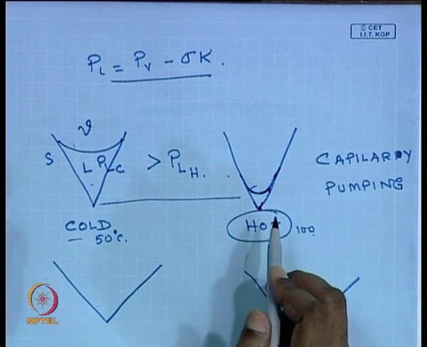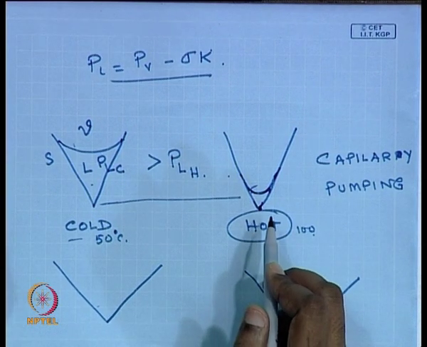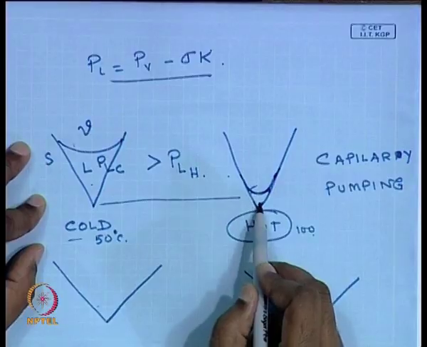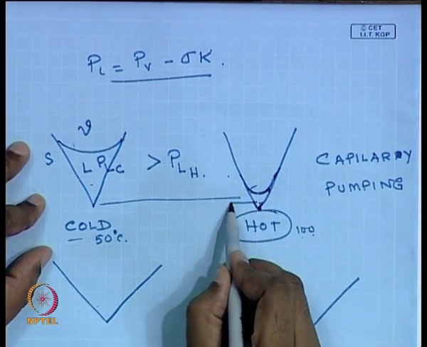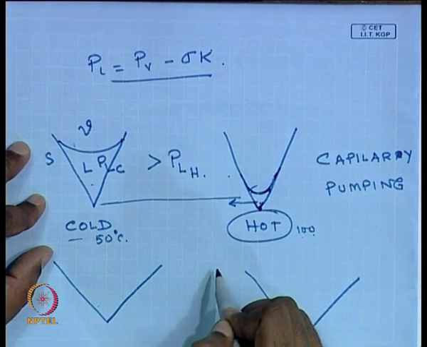That is called the initiation of the dry out point in such a device, and the moment dry out takes place, the heat pipe loses its efficiency, because you do not have any phase transfer mechanism in operation right now. So, this is dry. You increase the heat flux beyond that, and the dry part will start to propagate in this direction.